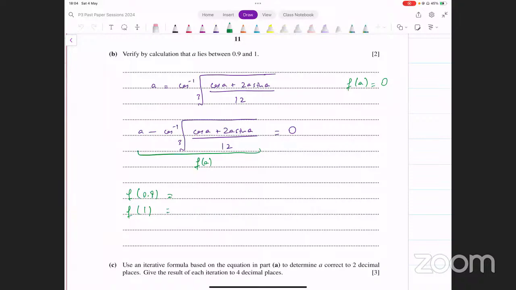So make sure that you're not making any careless errors like me. Is this all right? Sine of 0.9, 2 into that, and that's also fine. Cos of 0.9, and that's this bracket here.